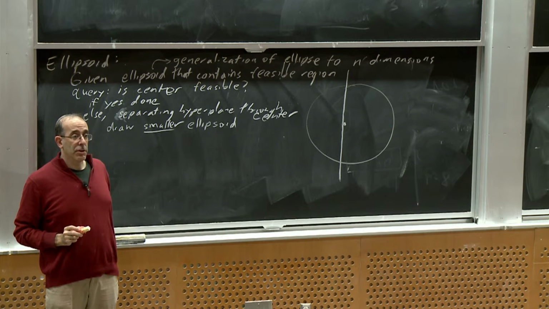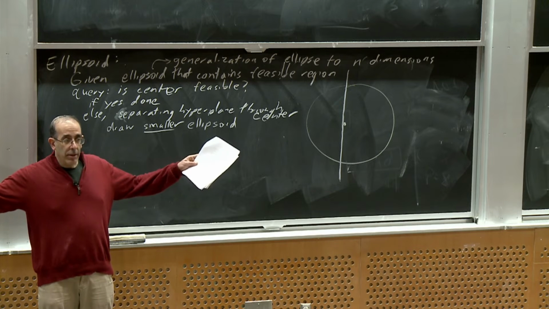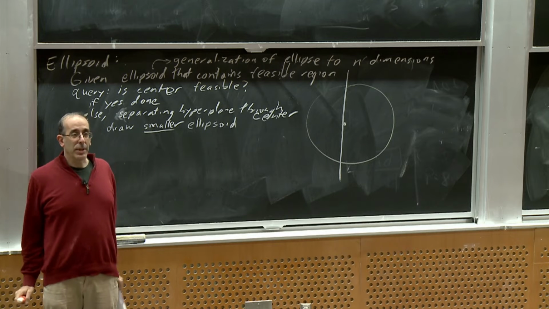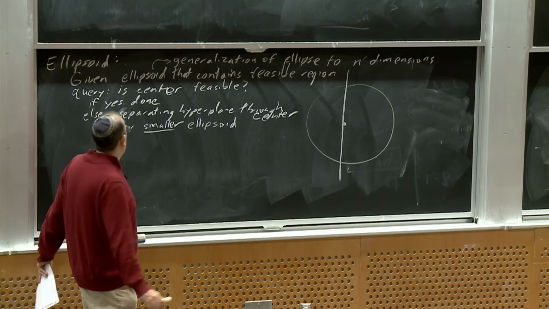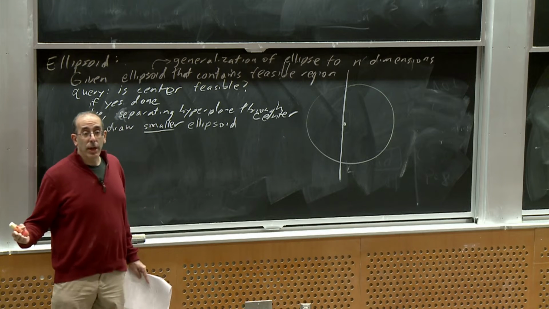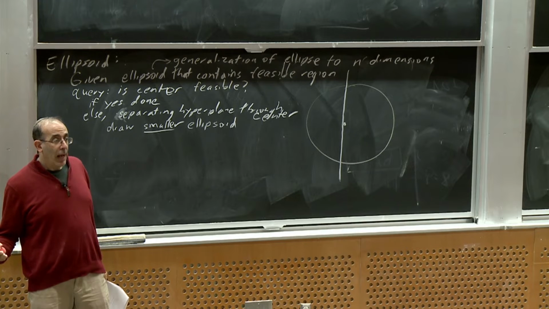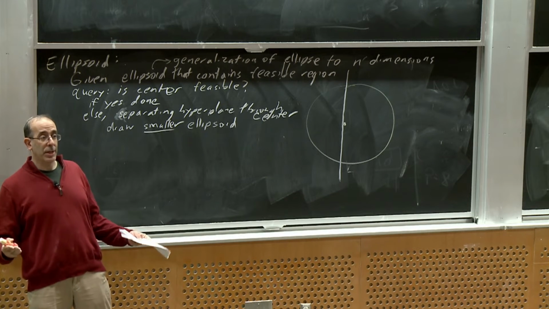And so this is our notion of progress: with binary search, each query shrinks the interval. With the ellipsoid algorithm, each query shrinks the ellipsoid. Okay? But we do need to shrink in a way that we continue to contain the feasible region. Right? We don't know what the feasible region is, so how do we guarantee that we still contain it?